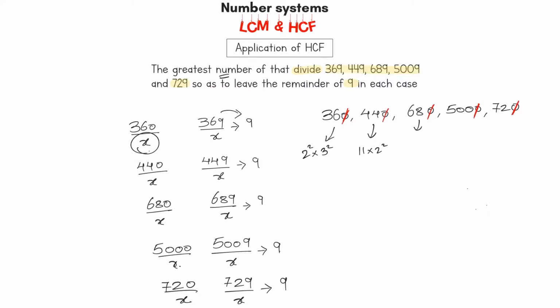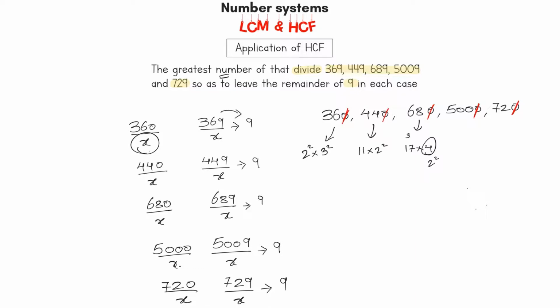This will be 68. So how can I write this now? 68 could be written as 2 into 34, and this is again 17 into 2, so 17 into 4, or 17 into 2 square.